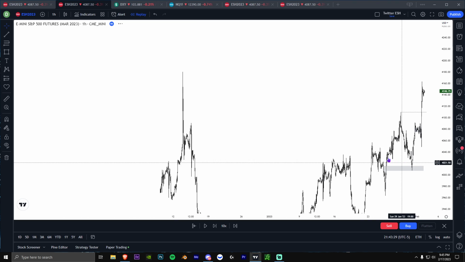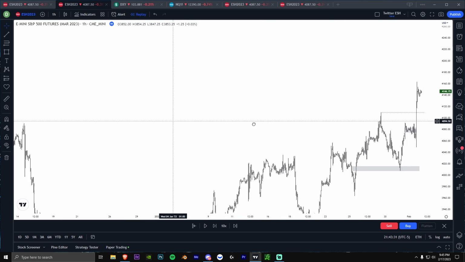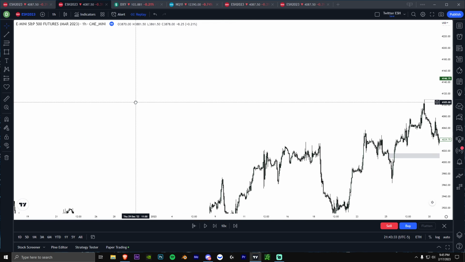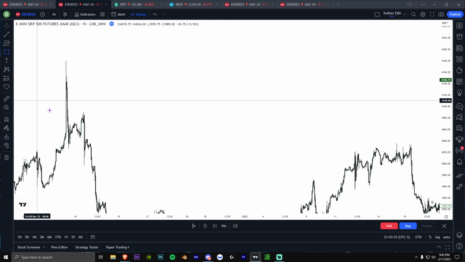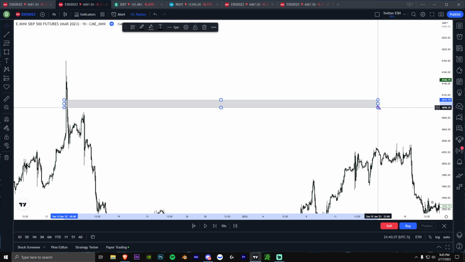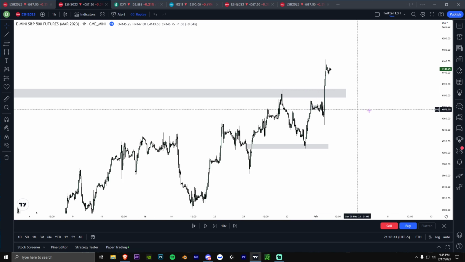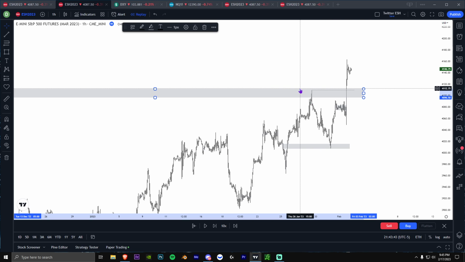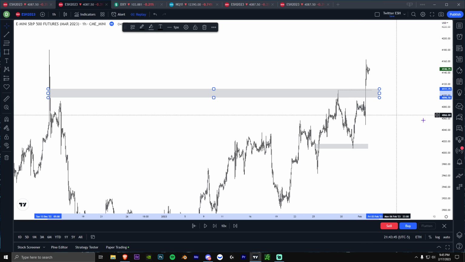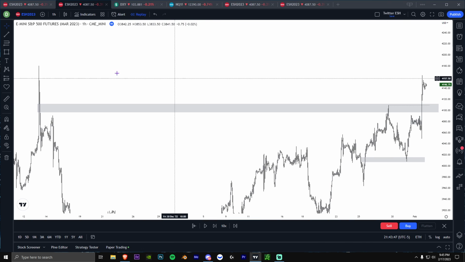Let me go back to the lower time frame here. So I see this fair value gap right here. So we reject that fair value gap. Now that we're past this fair value gap, this is one of those inversion fair value gaps.